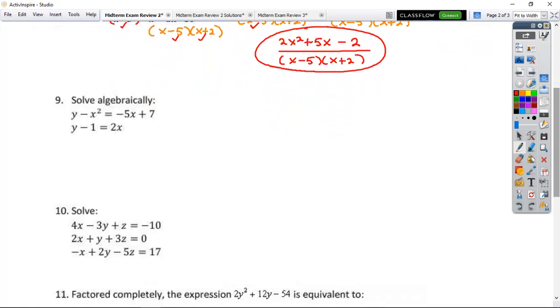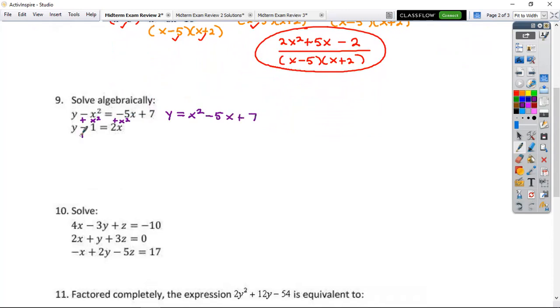Solve it algebraically. This is when you're going to get them both equal to y and then set them equal to each other. So I'm going to take this x squared and I am going to add it over. I get y is equal to x squared minus 5x plus 7.